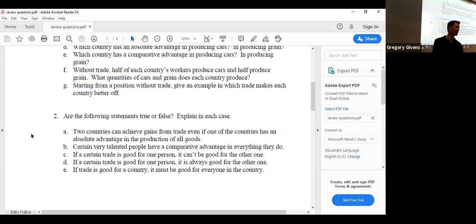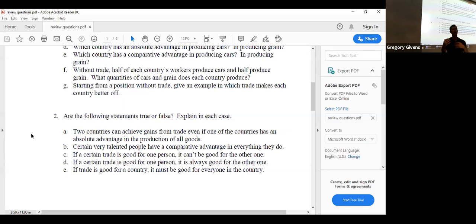How about D, slightly different question. If a certain trade is good for one person, it is always good for the other. Why? Yeah, so we looked at a couple of examples where there might be a trade that benefits the US, for example, but the terms of trade, the price at which computers and wheat are swapped, is actually worse than it would be for Japan to simply produce wheat on its own, right?